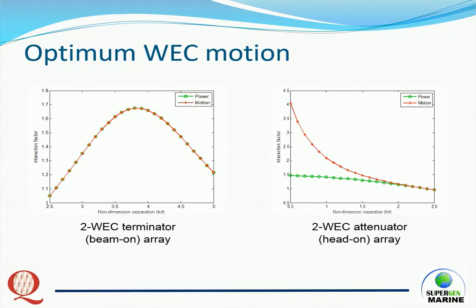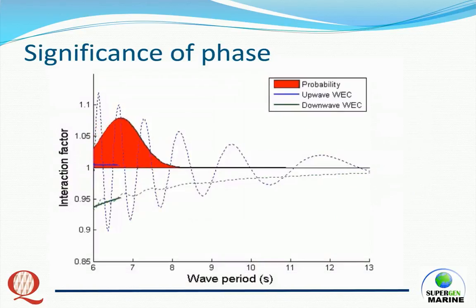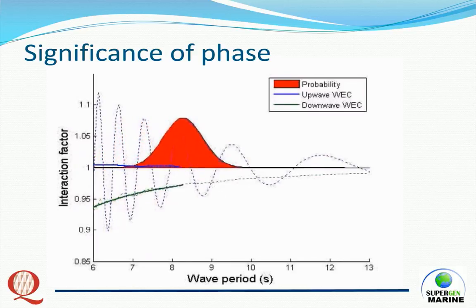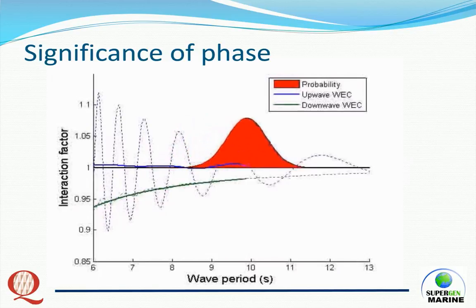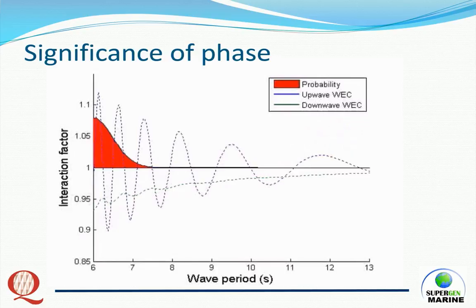So, something on the significance of phase. Again, it's coming back to the issue about phase-locked interactions. And if we don't know exactly how well our phases can be controlled or how far apart our devices are, what sort of uncertainty or what sort of expectation can we get? So the red line is a probability distribution. We kind of know what our wave period is, give or take about a second.